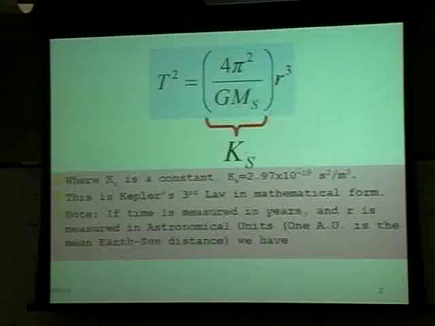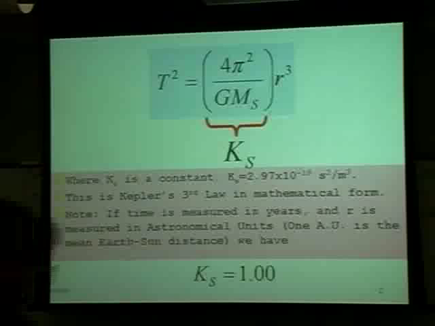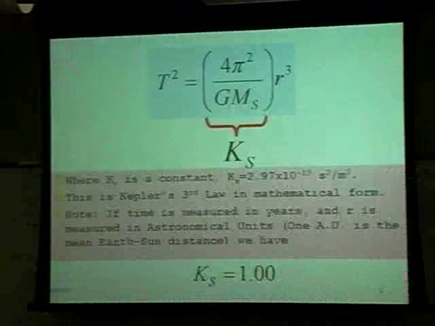Well, you could use that for the other planets. Roughly, if Mars takes approximately 2 Earth years to go around the sun, then you could calculate the radius of Mars' orbit by saying that 2 squared equals r cubed.